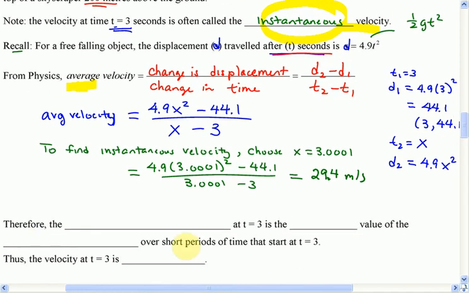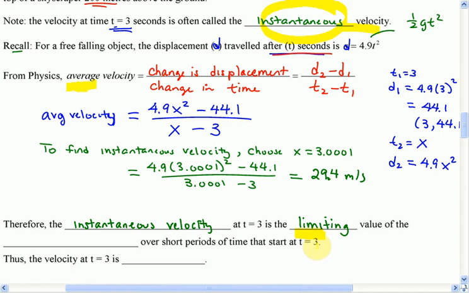Therefore, I'm going to say the instantaneous velocity at t equals 3. Now when I try different values closer and closer to 3, I'm calling this the limiting value. By the way, hint, hint: limiting, limit.